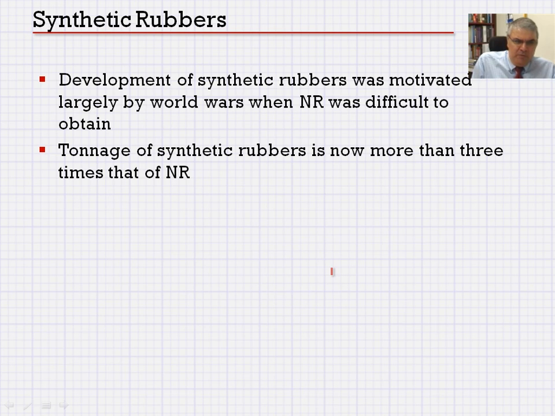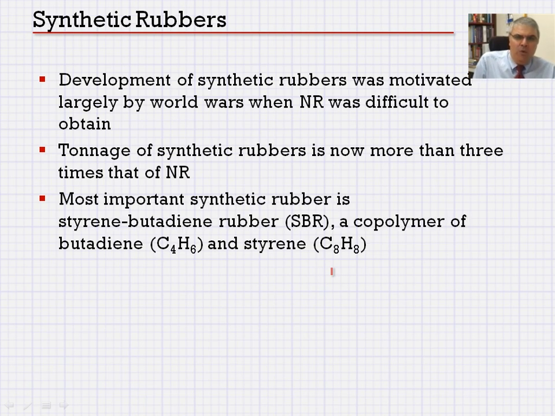So currently, if you want to look at the weight of how much synthetic rubber is used versus natural rubber, synthetic rubber is now more than three times that of natural rubber. There are different applications, different molecules.